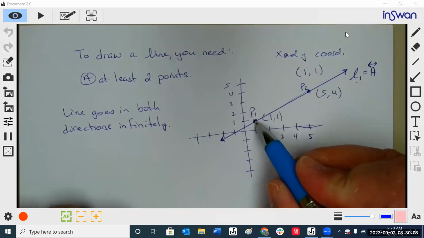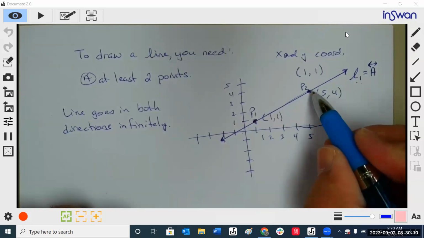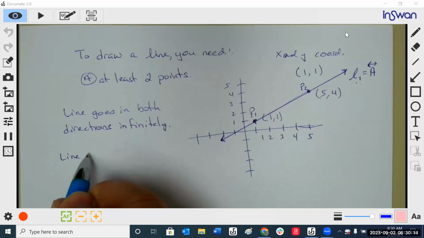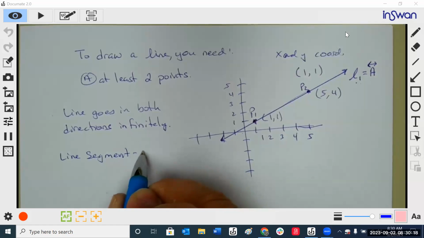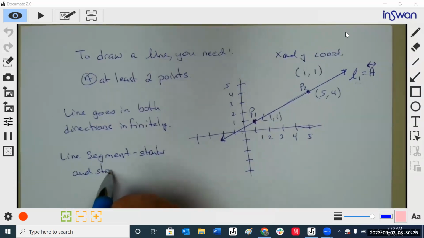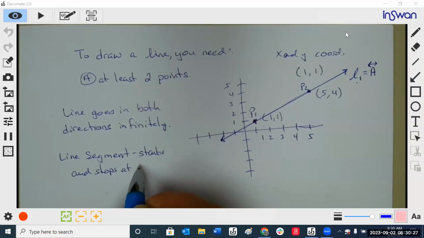What is it called if it starts someplace and stops? Very good. A line segment. It starts and stops at fixed points.